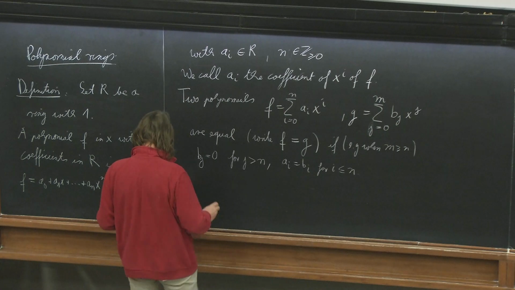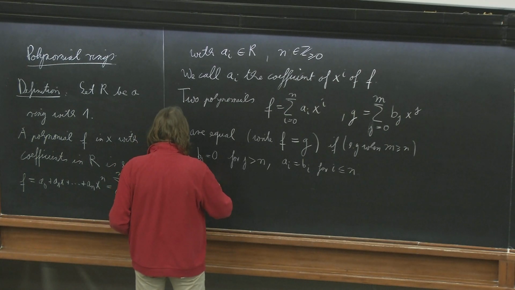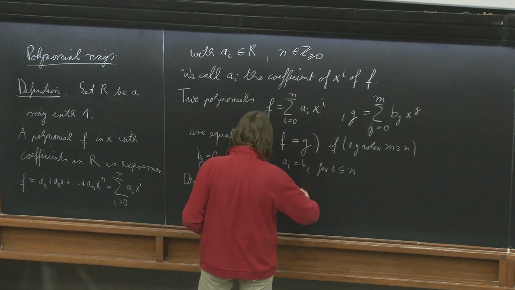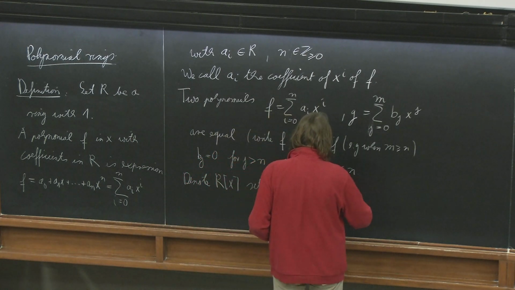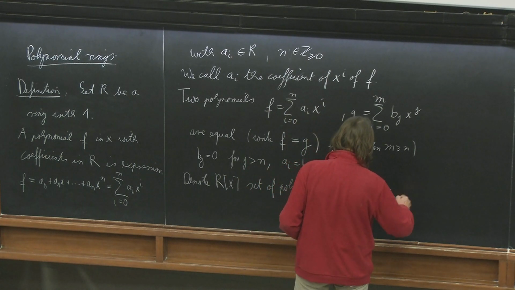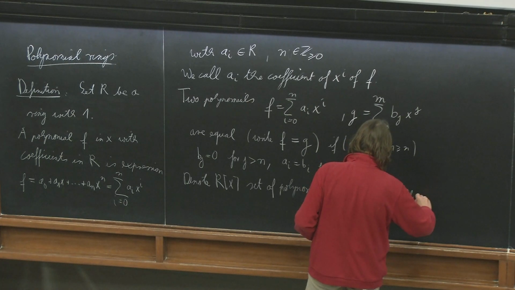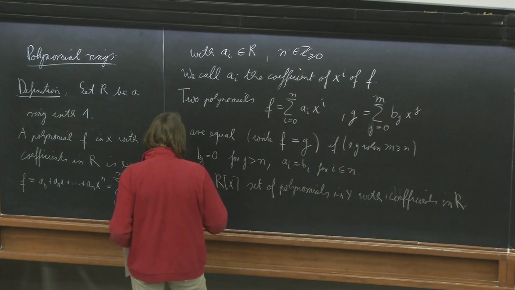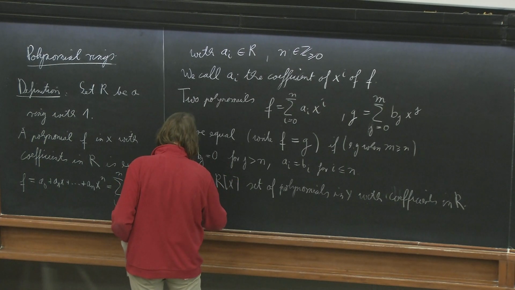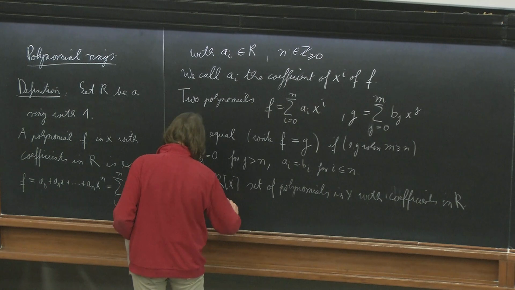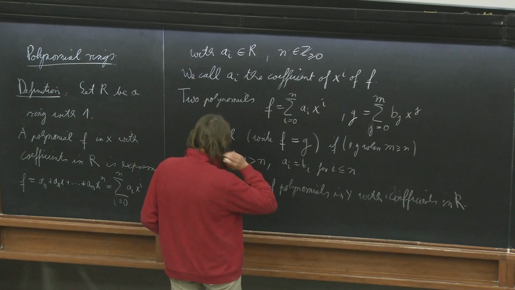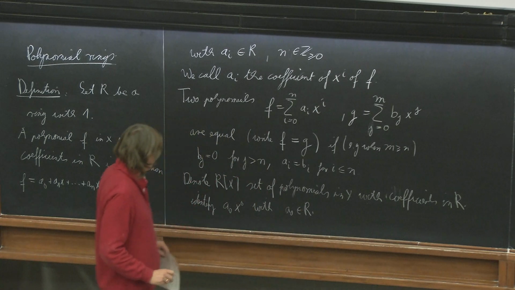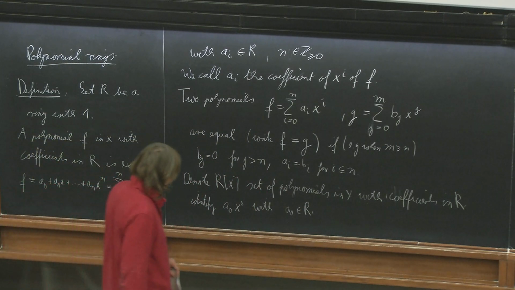So we denote by R[x] the set of polynomials in X with coefficients in R. And we identify this a0 times x to the 0 just with the element a0 in R. So somehow x to the 0 is supposed to be 1.